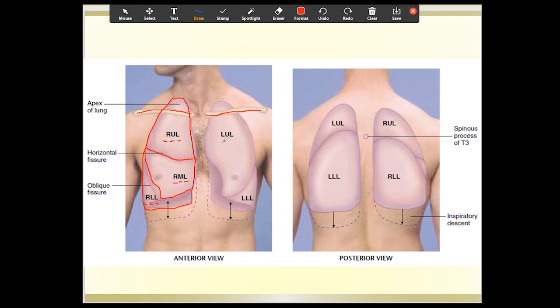The left side of the lung only has 2 lobes. That's the left upper lobe, separated from here, and then the left lower lobe, like in here.